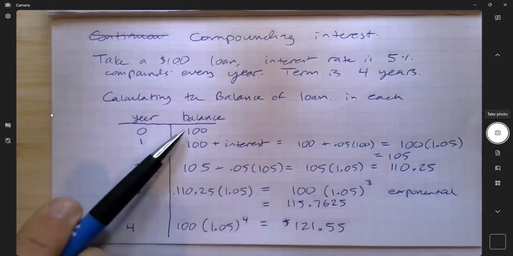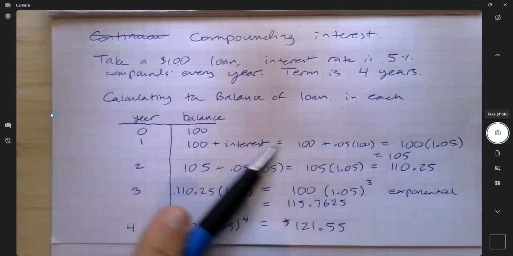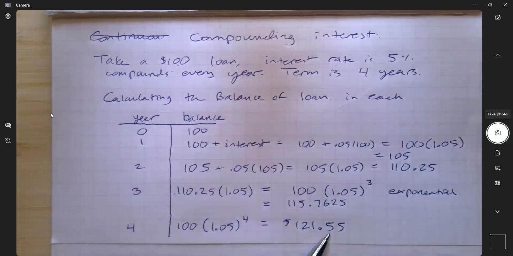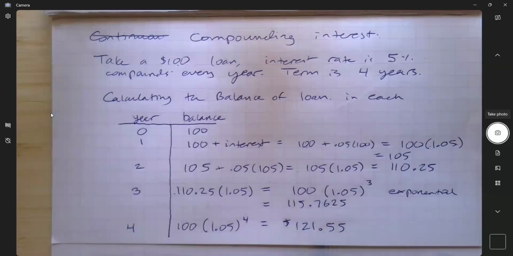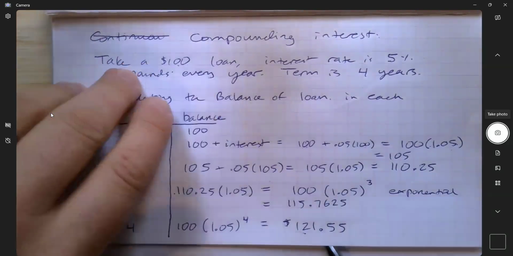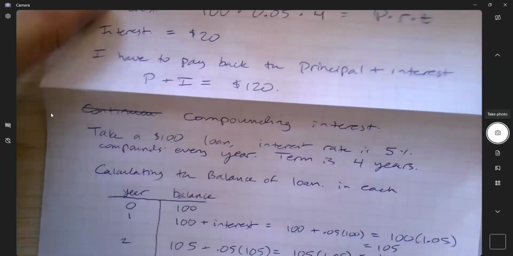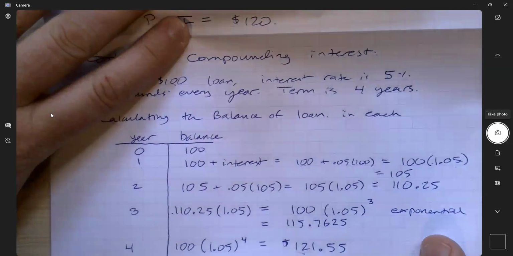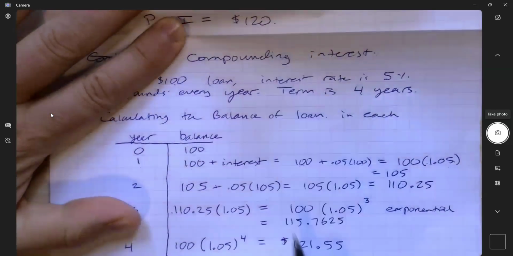Compounding interest takes your balance and multiplies it by 1 plus your interest rate every single year. And so it's going to grow in a compounded way. And notice 121.55 is bigger than the 120 I got from simple interest because it's compounding every year.